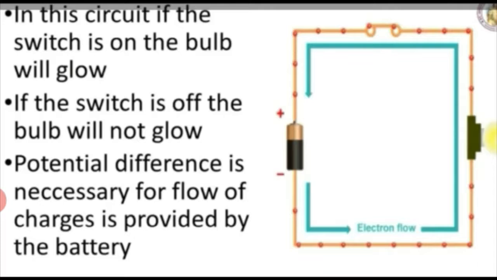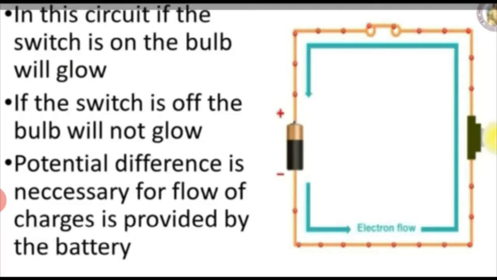A simple electric circuit has a bulb, a battery and a key. If you open the circuit by using this key or switch, that means we are disconnecting the circuit, so the bulb does not glow. Why? Because there is no flow of current.